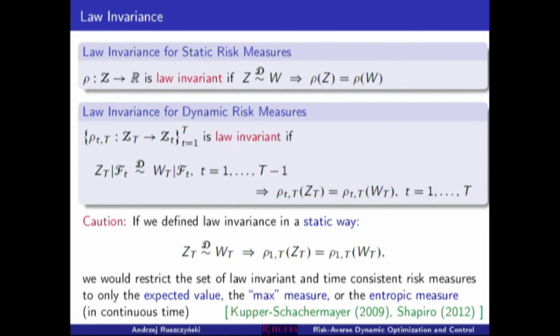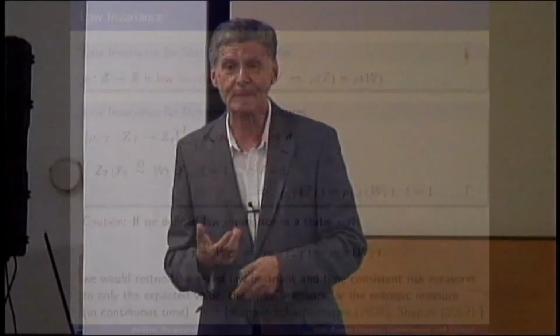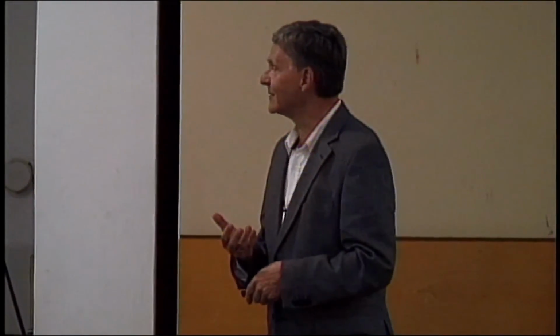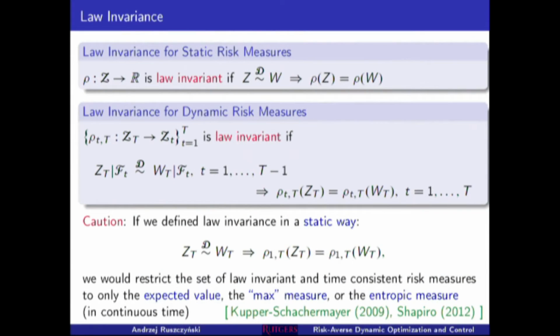Then if we had law invariance in this static form and time consistency, then we would restrict the class of all risk measures to very trivial examples, only expected value or the worst case. And in continuous time, you would have the entropic risk measure, okay? This is due to the fact that there are very many random variables that have the same distribution. However, if looked at conditionally from the intermediate stage, they look completely different. And therefore, assuming that the risk measure is the same is too much.